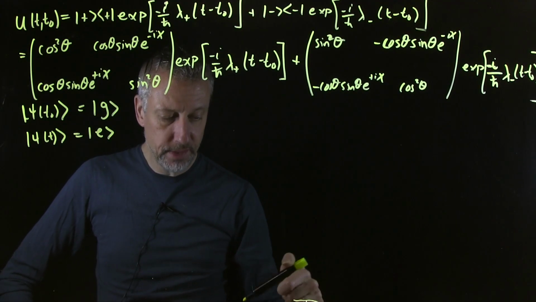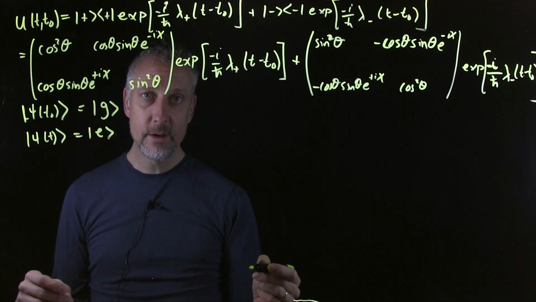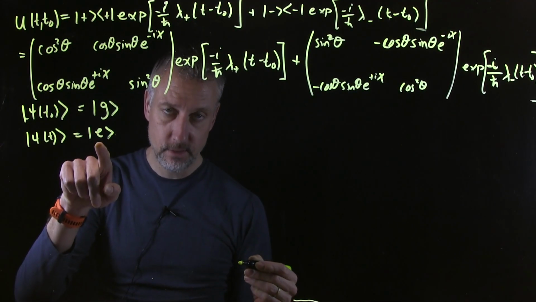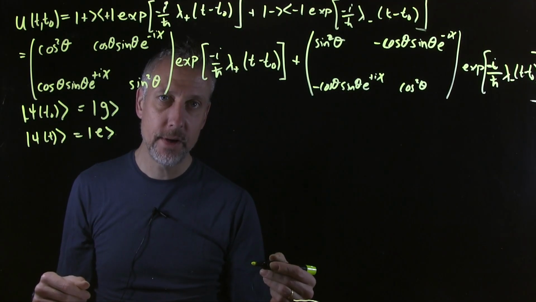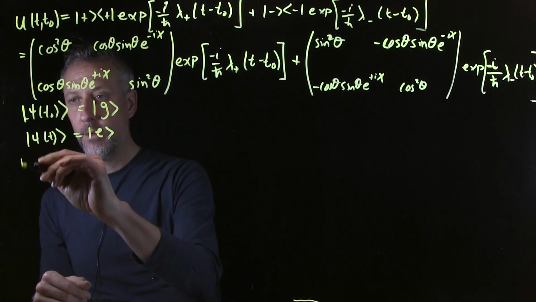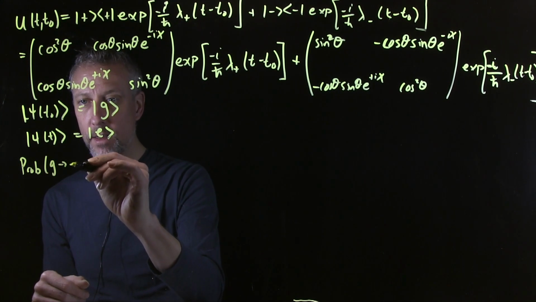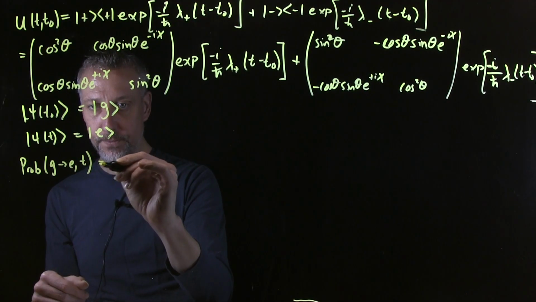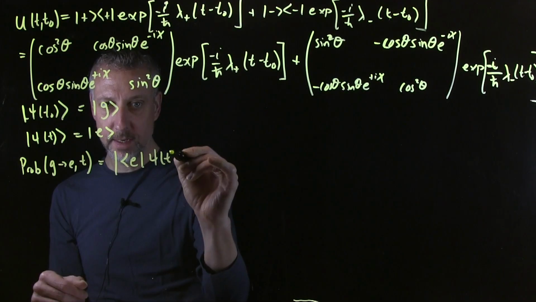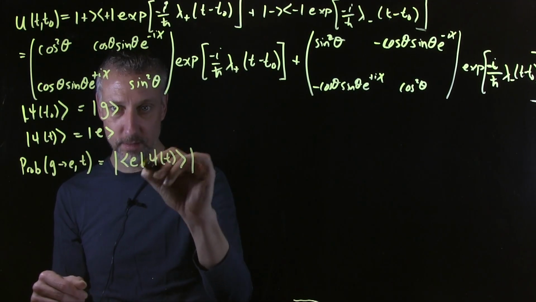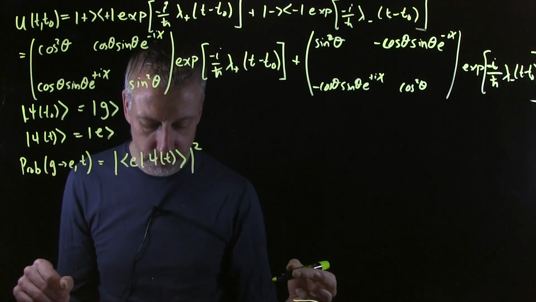To figure out the probability of going from G to E, the way you figure out the probability of being in a state, or being aligned along E, at time t, is this way. The probability of G to E at t is a scalar product of the state vector at time t onto the original basis vector E, that whole thing squared to make a probability.